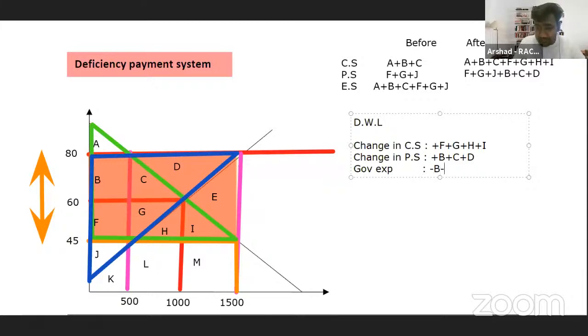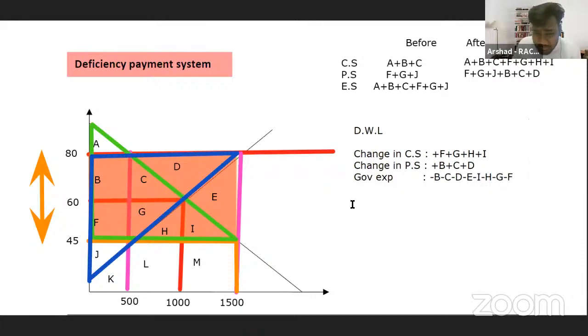The spending B, the spending C, the spending D, E, I, H, G, F. I'm hoping I did not miss any letters. B, C, D, E, I, H, G, F. That's the government's expenditure.